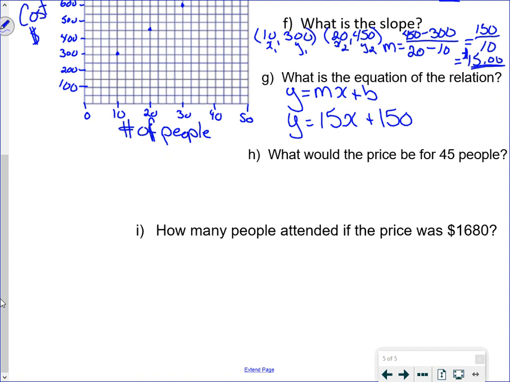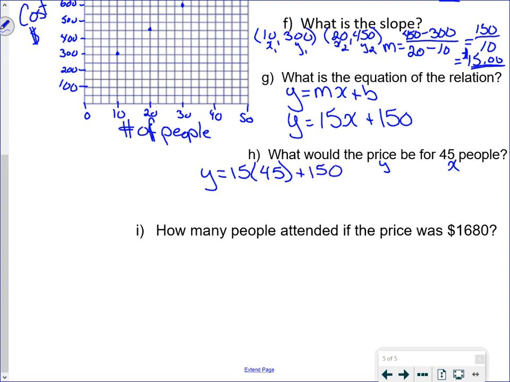Next question says, what would the price be for 45 people? In our table of values, the number of people was the x in the x column, and the price was in the y column. So we know that we should substitute 45 into the x part of our equation. So we will have y equals 15 times 45 plus 150.